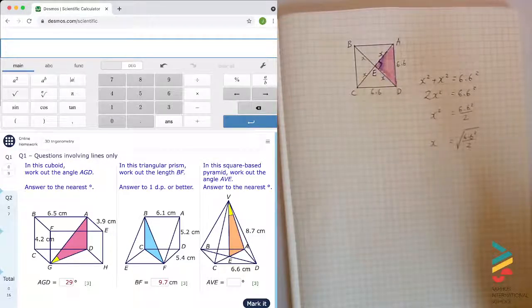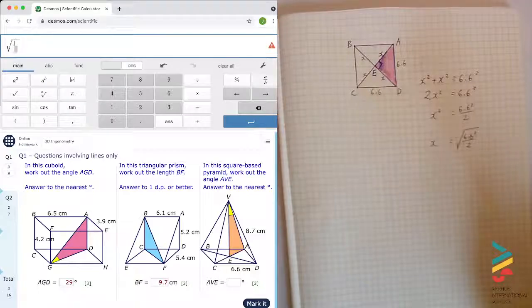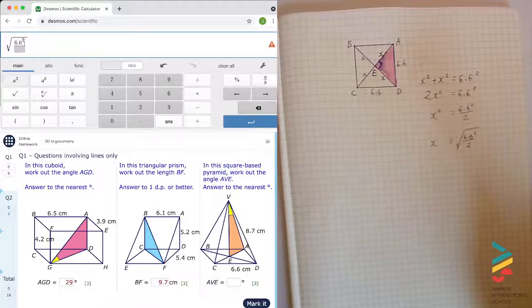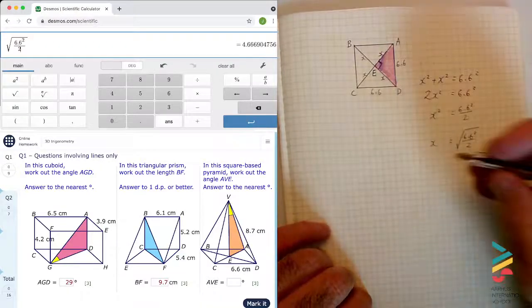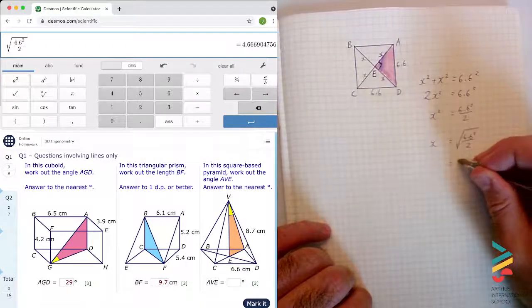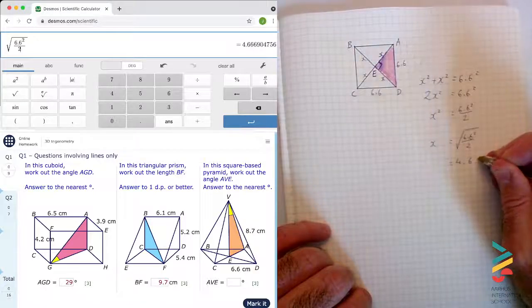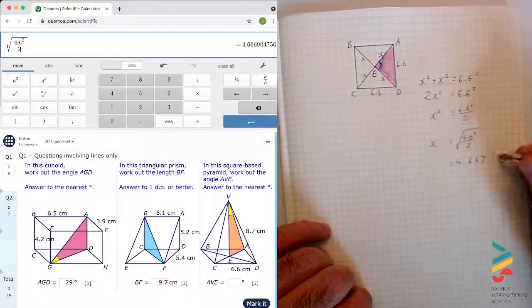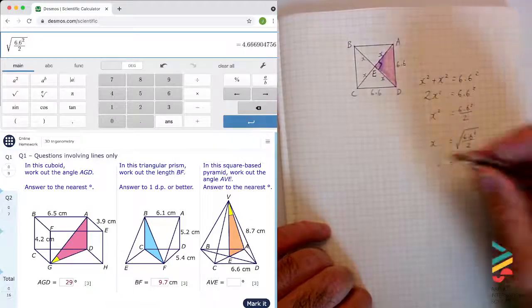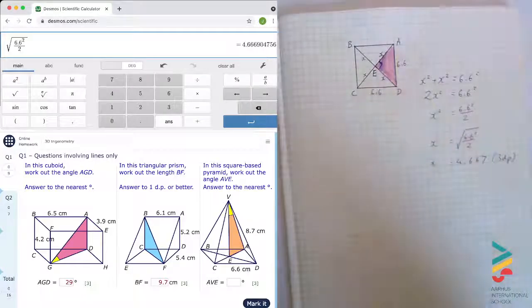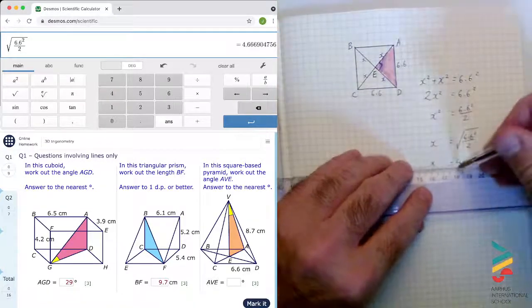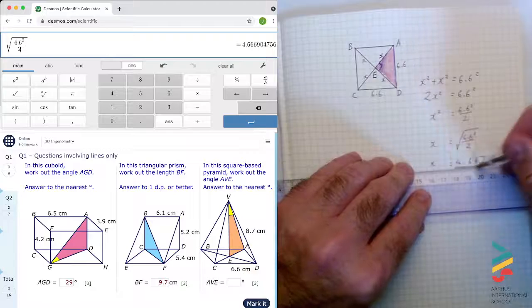So the square root of 6.6 squared divided by 2 comes to 4.6669. I'm going to round that to 4.667 to 3 decimal places. And hopefully that will be enough accuracy not to affect my accuracy in the subsequent stages.